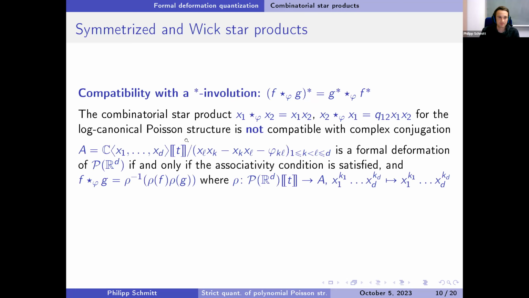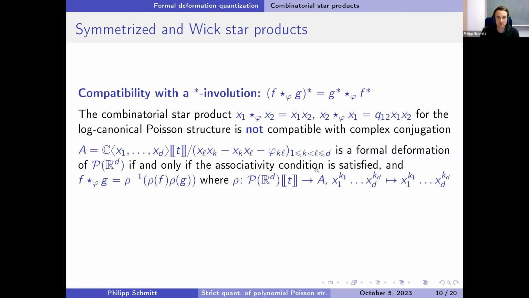There is a way to understand this. One nice description is that you can understand the combinatorial star product by taking the free algebra generated by your coordinate functions, taking formal power series, and dividing out the ideal generated by x_l x_k minus x_k x_l minus the phi_kl. This is exactly what corresponds to swapping x_l x_k, because you're replacing x_l x_k by x_k x_l plus phi_kl.